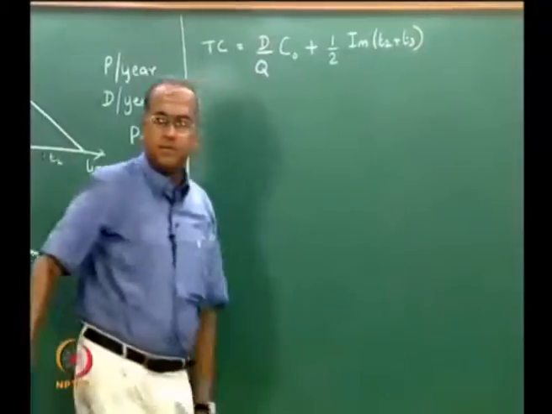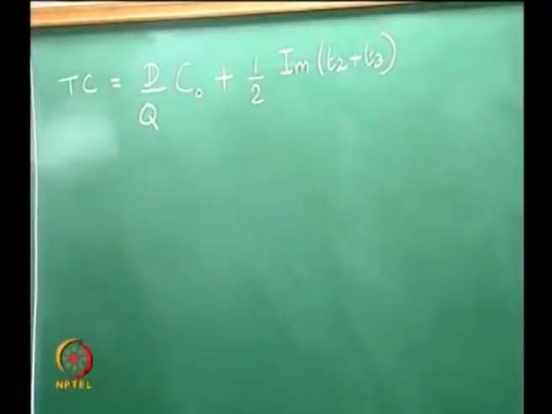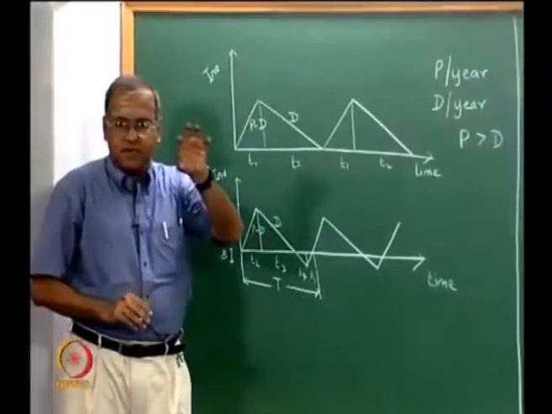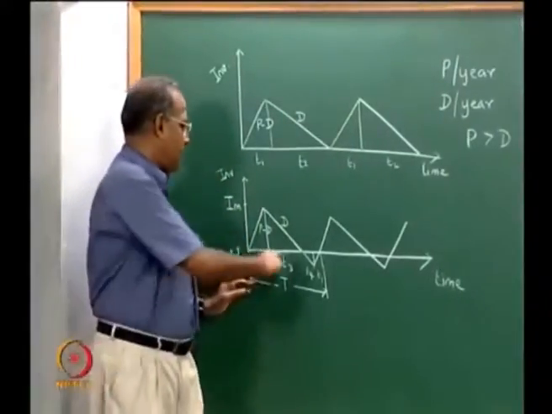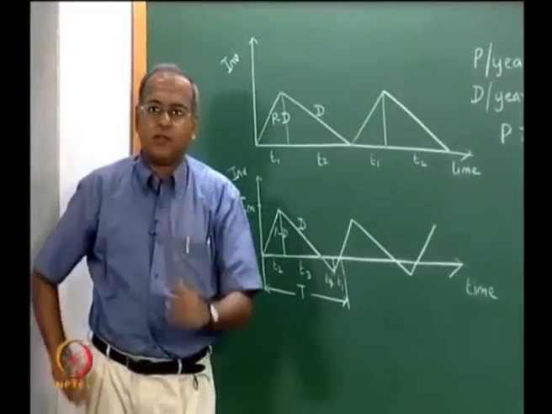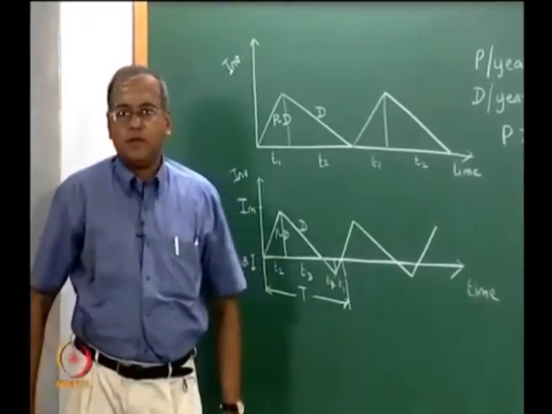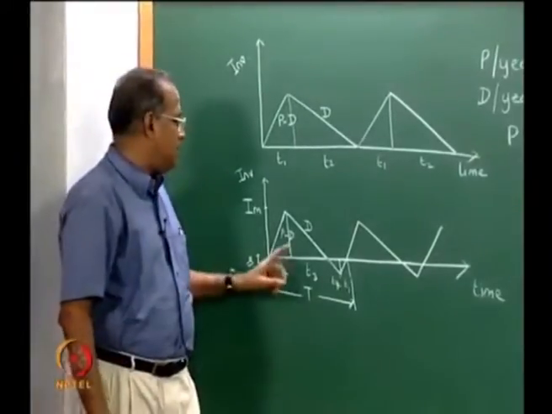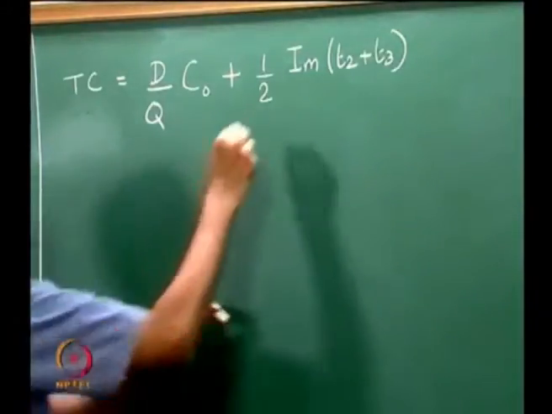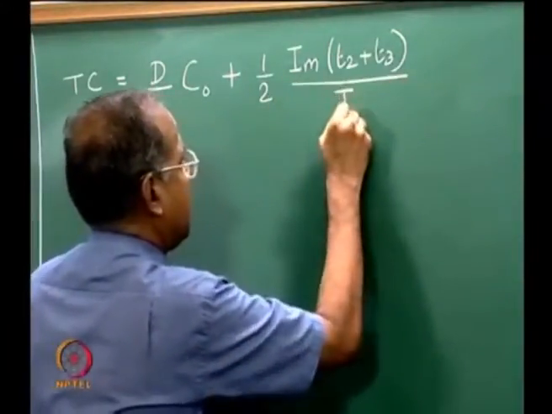But in every cycle the cycle length is capital T. So this much inventory is held for a period T2 plus T3, 0 inventory is held for the period T1 plus T4. So average inventory will be half into IM into T2 plus T3 plus 0 into this divided by capital T. So we get divided by another capital T.